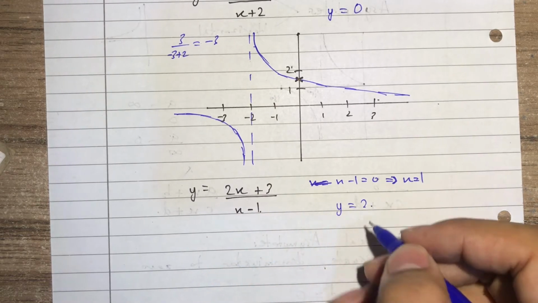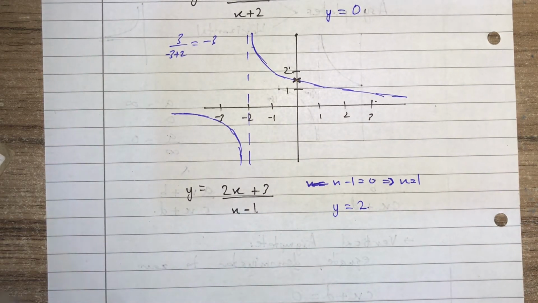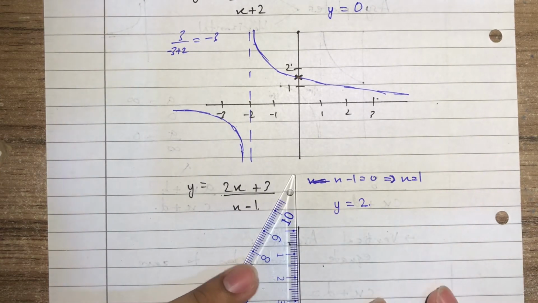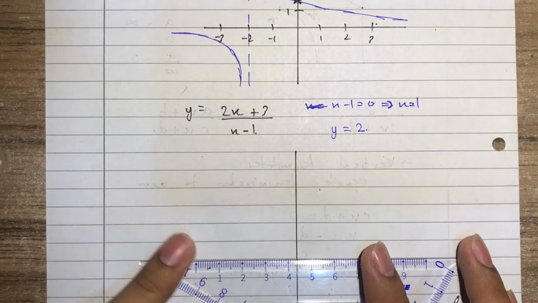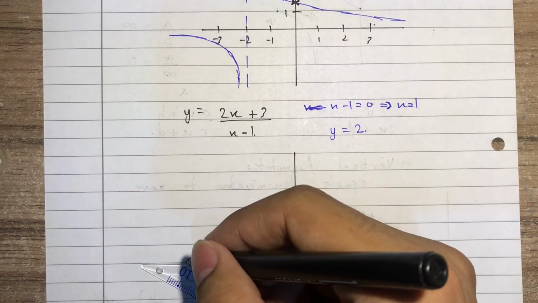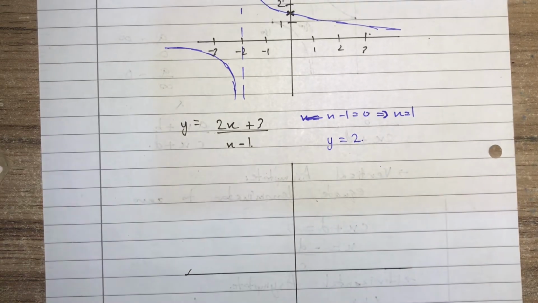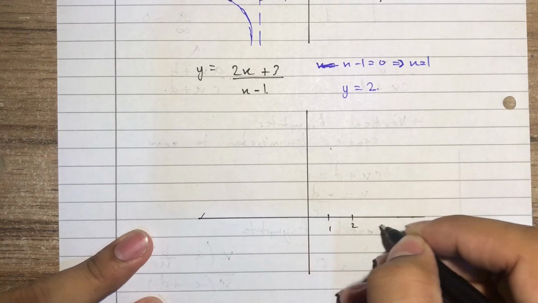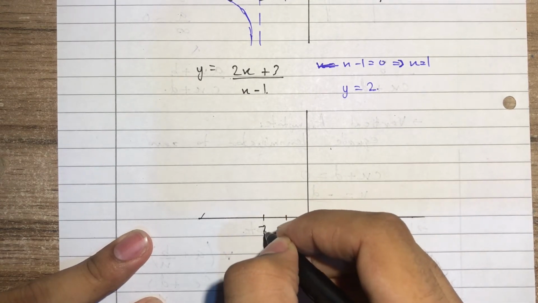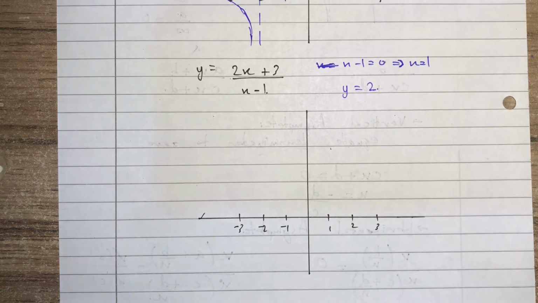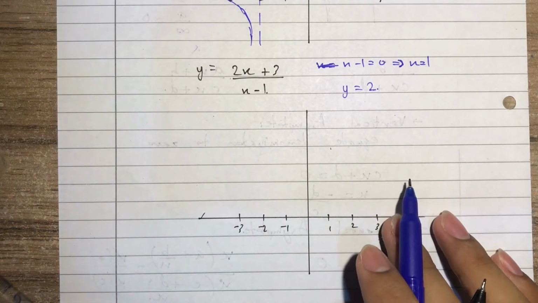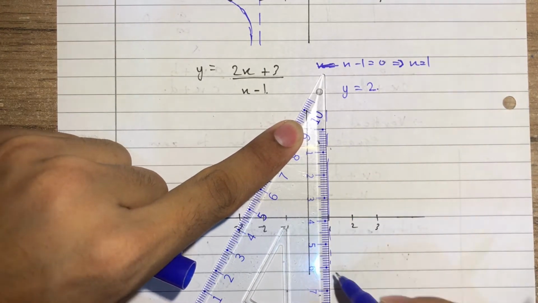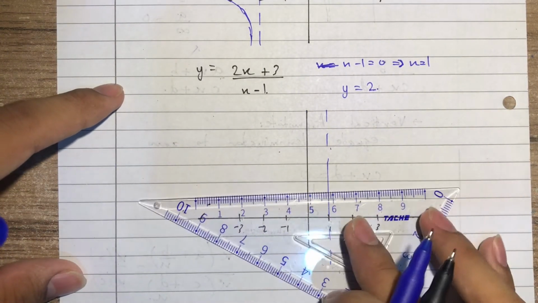So y equals 2 is the horizontal asymptote. Vertical asymptote is x equals 1. Horizontal asymptote is y equals 2.